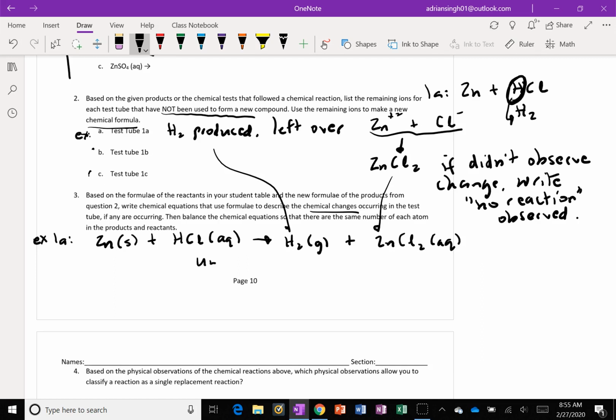So this is your unbalanced equation. You need to go ahead and balance that. I'm not going to do that for you. I think it's good practice for balancing equations.